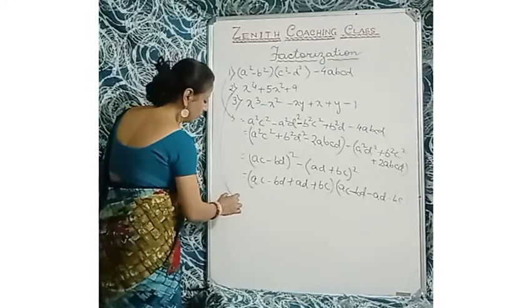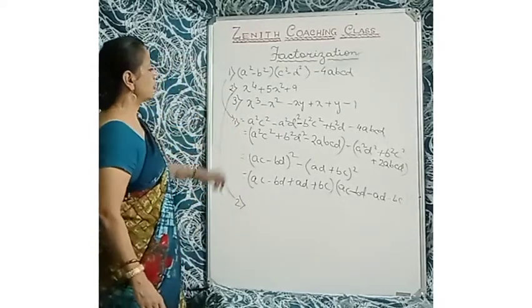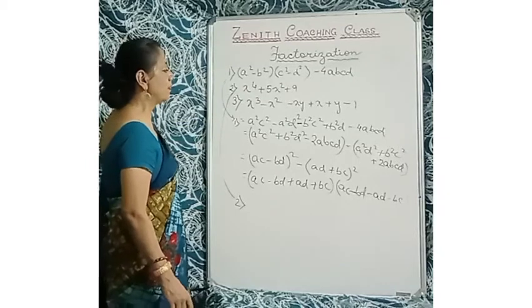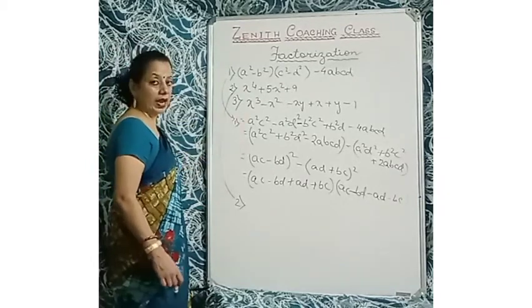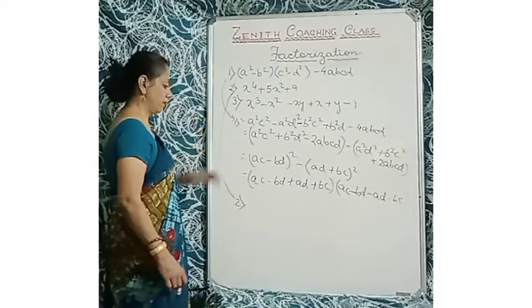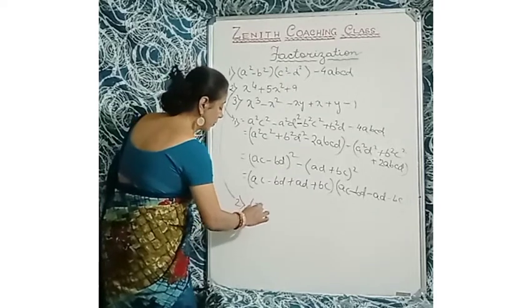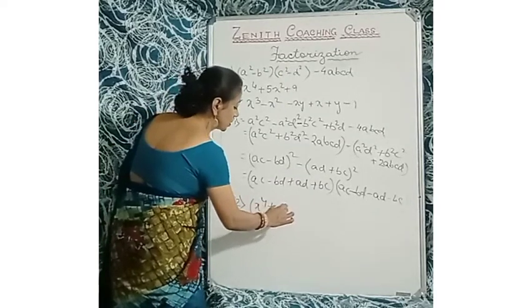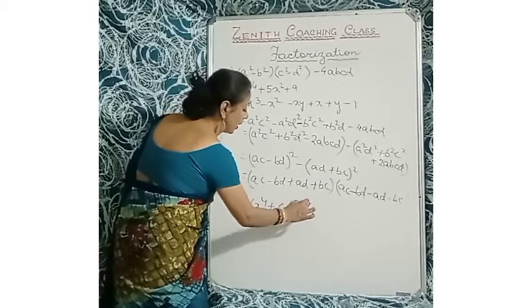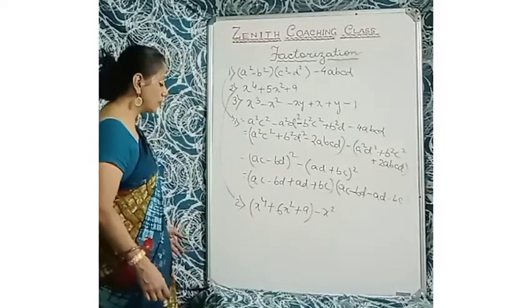That is question number 2 here. It is 1 here, so 2 is x to the power 4 plus 5x square plus 9. Here are also 3 terms and we have to make it 4. So you will write x to the power 4 plus 6x square plus 9 minus x square. How is it possible?